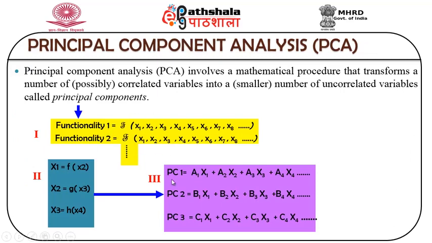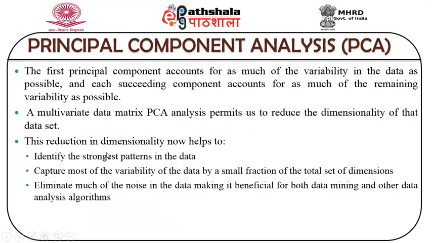So, this entire data set is transformed into various principal components, basically PC1, PC2, PC3, etc. The first principal component accounts for the variability in the data set, and each succeeding component also accounts for the remaining variability as far as possible.